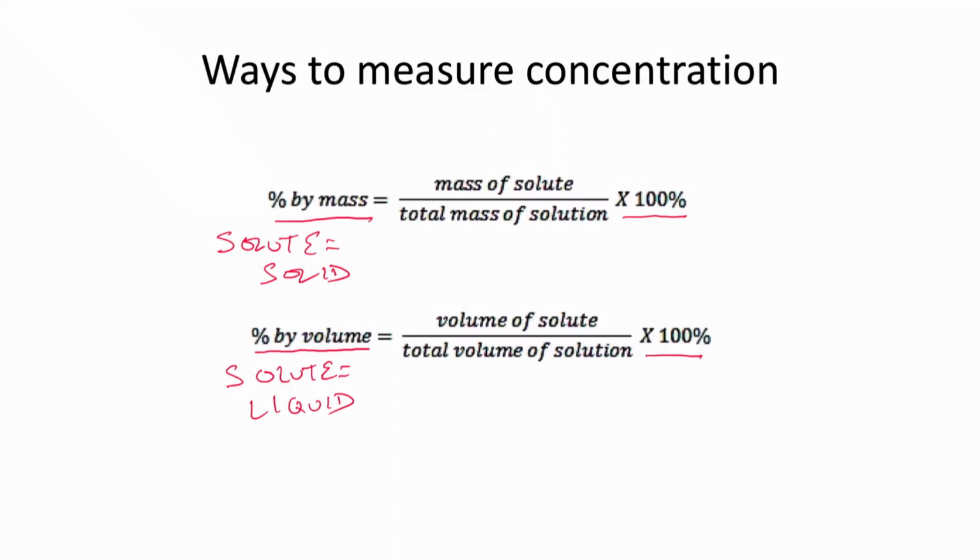The main difference between percent by mass and percent by volume is that here I can say that the total mass is just the mass of the solute plus the mass of the solvent. For volume, I can assume that the total volume is the volume of the solute plus the volume of the solvent. But it's not exactly equal to that. It's going to be approximately equal to that. But we will assume that volumes are additive.